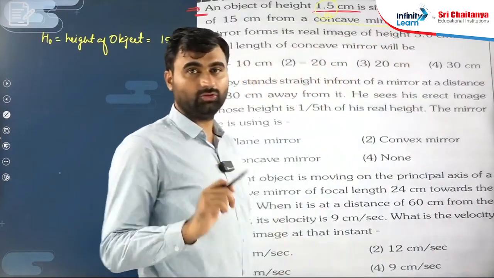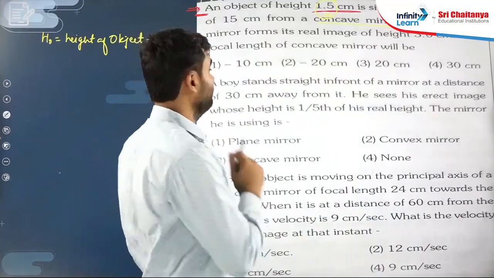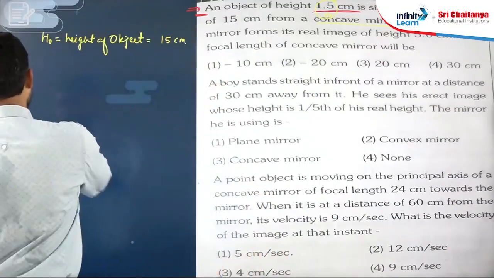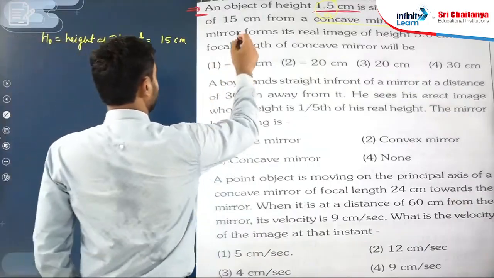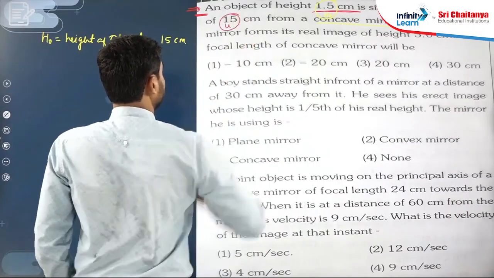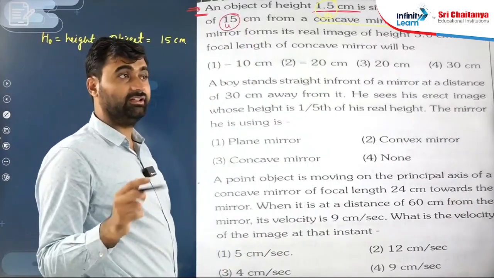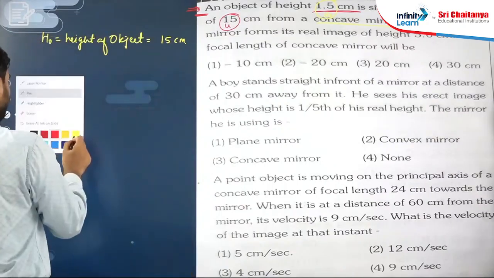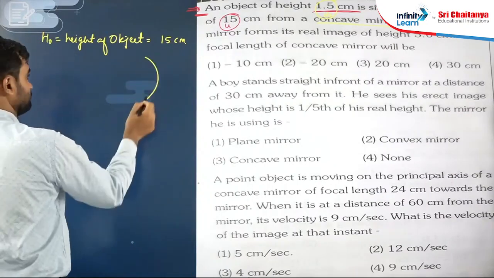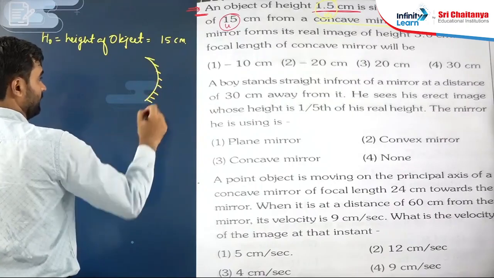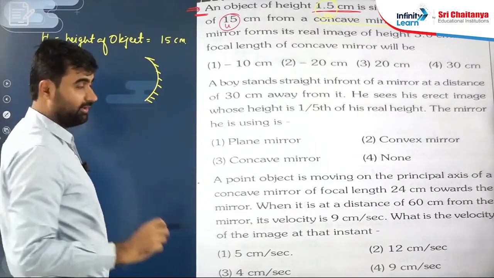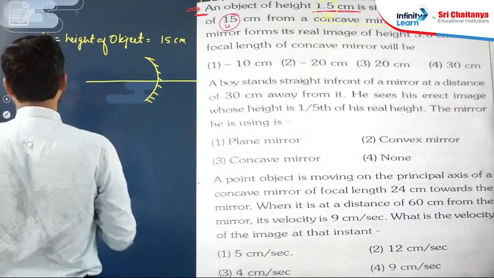So which mirror? Concave. How much distance? 15. So U value is given. But already I explained to you that here we have to take negative, not positive. Why? Because this concave mirror is like this and we should put the object in front of it.